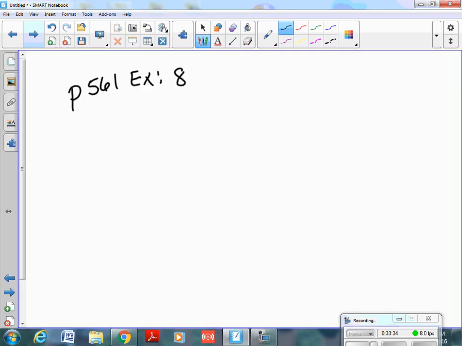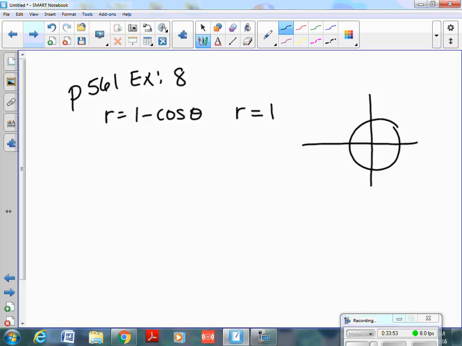So, they give you r equals 1 minus cosine of theta, and they give you r equals 1. So you graph both of these on your graphing calculator, and there's a picture of them already, but I'll just give it to you. This is the circle, and the other one is this one. And basically you're going to find the area right here.